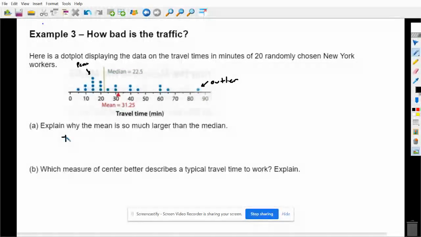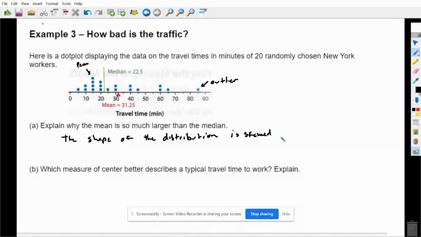And for that, we would say the shape of the distribution is skewed to the right.